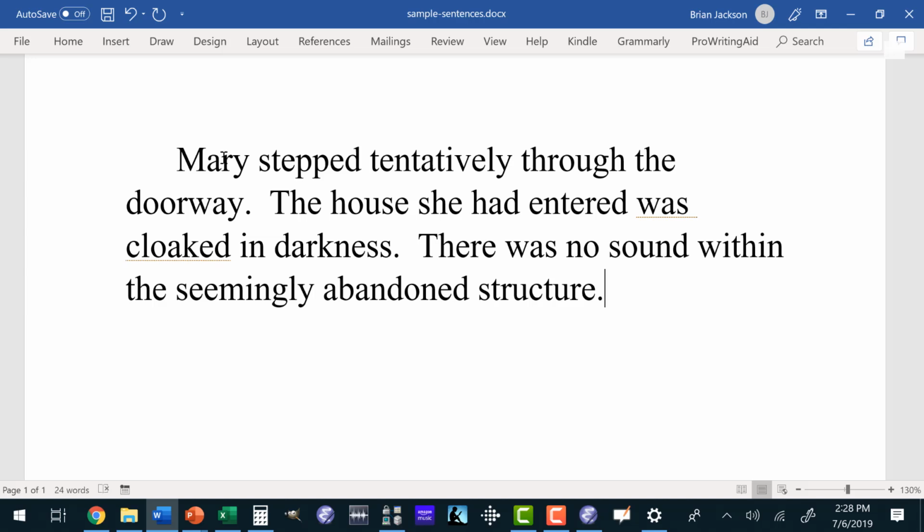Okay, so there was no sound within the seemingly abandoned structure. So we have another complete sentence.